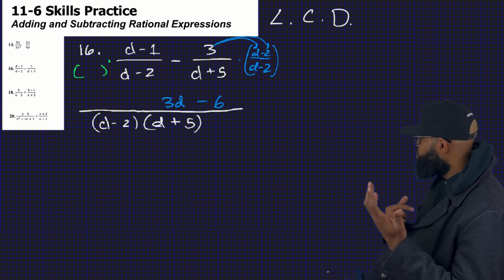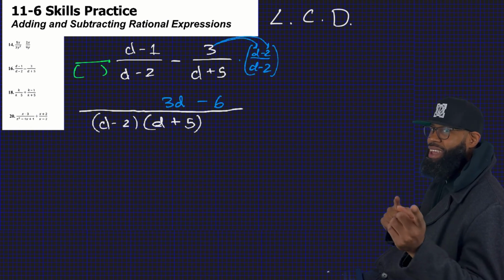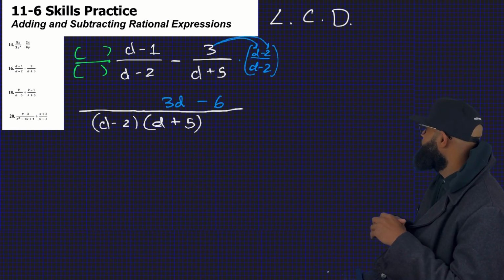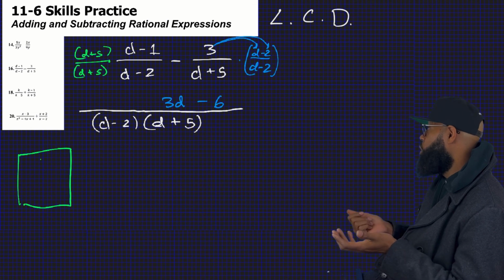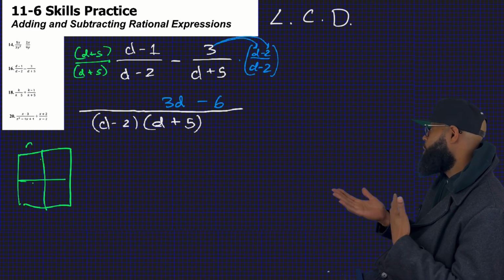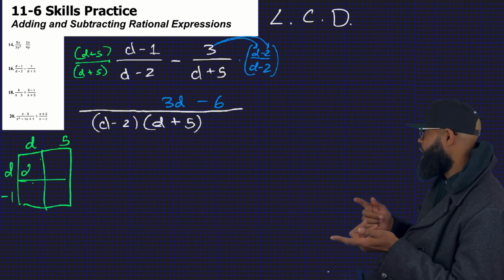But on the other side, my first one, here's the green and blue again. Somebody cares about you. We're going to need d plus 5, so d plus 5 in the top, d plus 5 in the bottom. And again, guys, here comes FOIL, or I can do the box. So remember the box. d plus 5 and d minus 1 go on the side and the top.